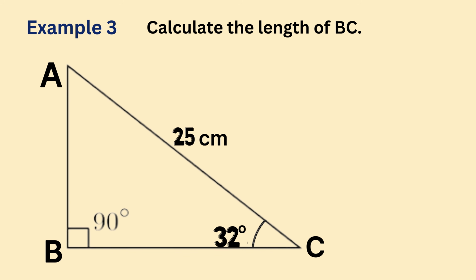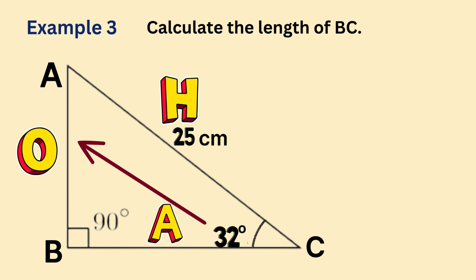To solve this problem, we first need to label the sides so that we can select the appropriate trig ratio to use. Let's label the sides relative to the angle given at C. The hypotenuse side is the longest. The adjacent side is the closest side to angle C, while the side opposite to angle C is the line AB.